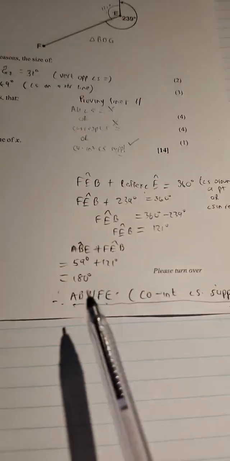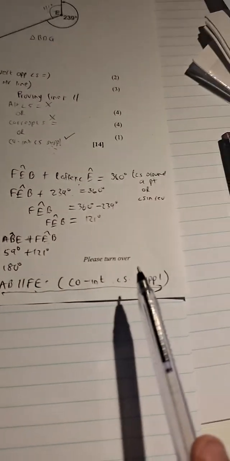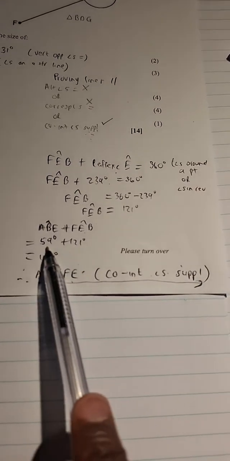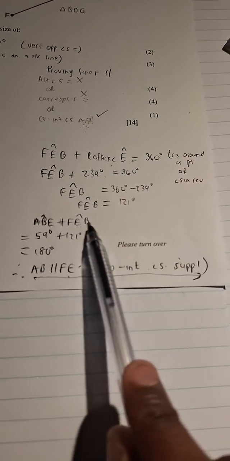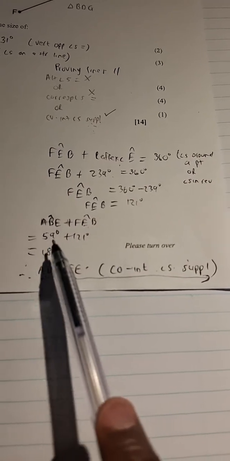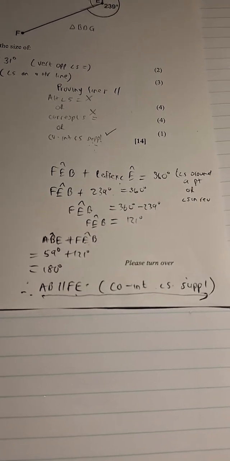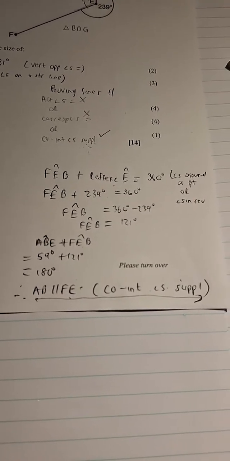Okay, so because they are, we say the reason is because co-interior angles are supplementary. These are the two angles that are supplementary, which are co-interior, that we found, that validate that AB is parallel to FE.